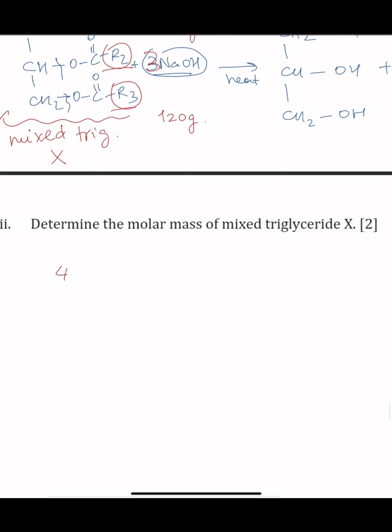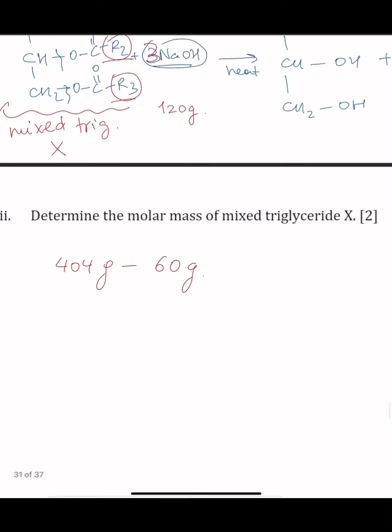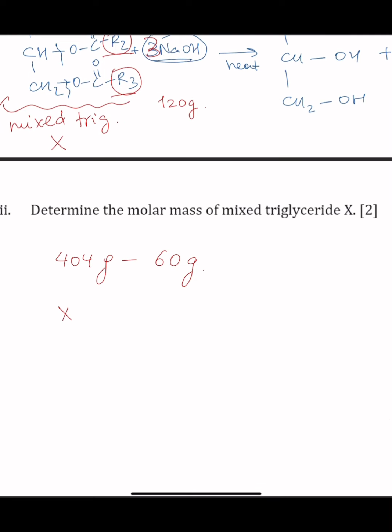I know the proportion that 404 grams are reacting with 60 grams of sodium hydroxide. But I know that 1 mole of triglyceride, which is X grams, this is the molar mass, is reacting with 120 grams of sodium hydroxide.